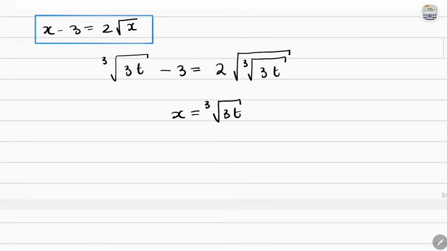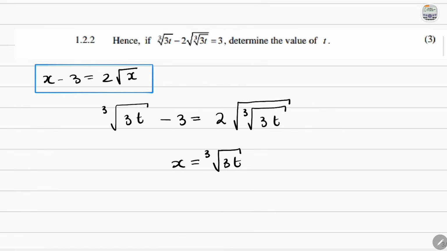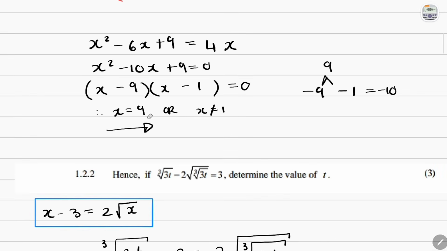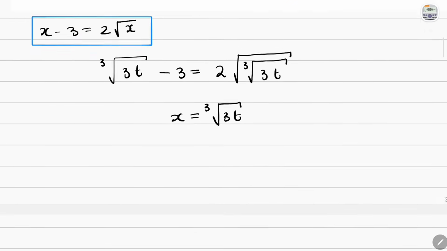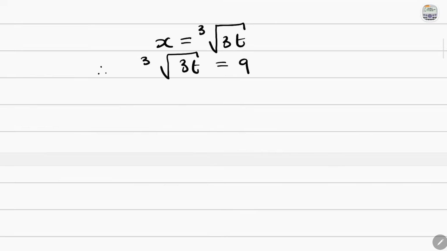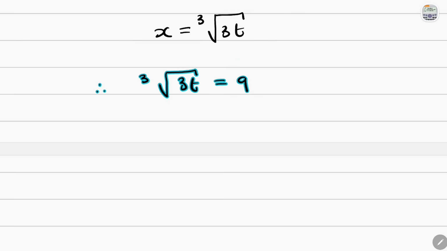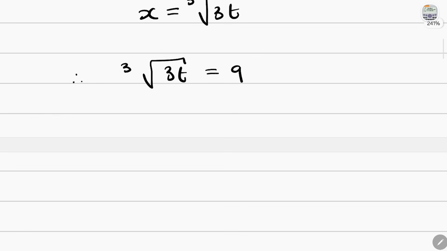Because the equations were in the same form, it means that whatever worked for this equation would work for this equation. So if x equal to 9 was a valid solution here, then the cube root of 3t would also be equal to 9. Okay, so now we just have to solve for this equation. What is t equal to? Well, there's a cube root, and we're trying to get to the t, so we need to get rid of that cube root. How do we get rid of a cube root? By cubing.